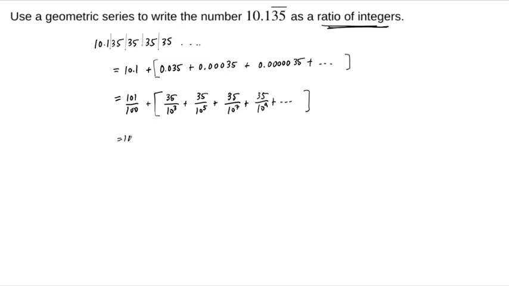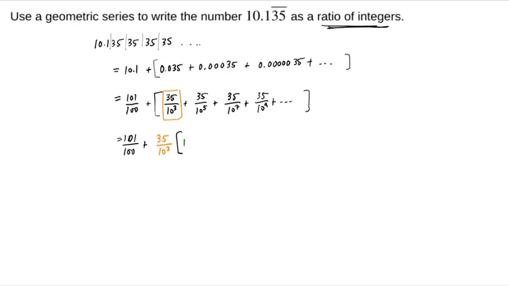So let's work this out a little more and see what we have here. There's a common factor of 35 over 10 to the power 3 in each of these terms that can be factored out of this sum. And what remains then is the following sum.